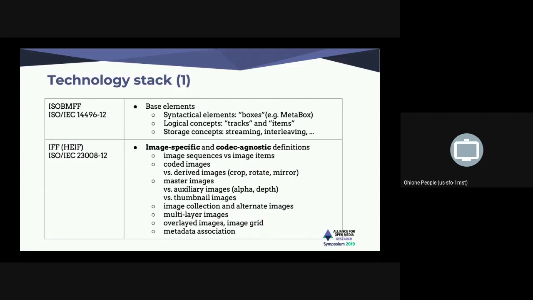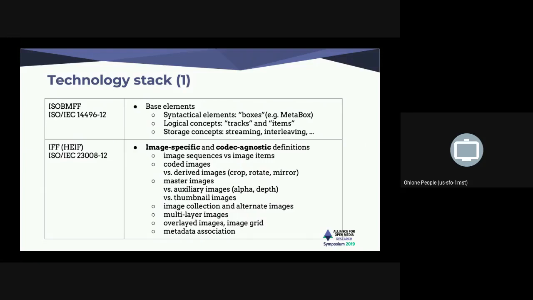So you could store JPEG, AVC, HEVC, and in our case, AV1, right? And that specification is image specific. The core ISO-BMFF specification does not have any image specific definitions. In this one, you have the definitions of what is a coded image versus a derived image. A derived image is probably a transformed version of your image. So you apply a translation, you apply a rotation, a cropping, or a mirroring.